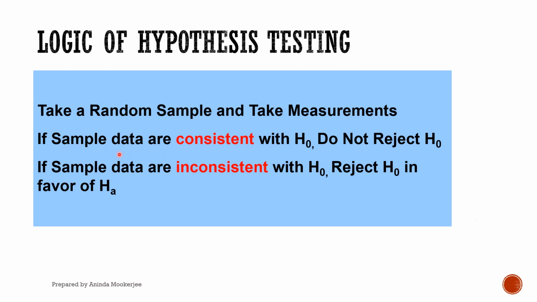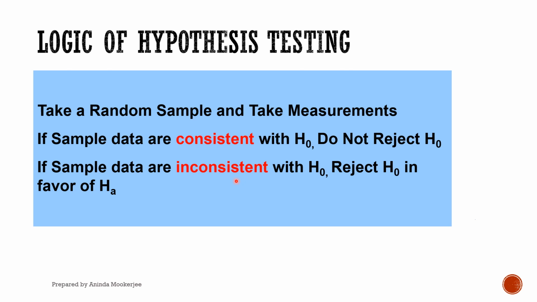And if the sample data or the sample measurements are consistent with the null hypothesis, that means if the sample data is similar or close to whatever the null hypothesis states, then we do not reject the null hypothesis. All right, in that case, we say that the null hypothesis is pretty similar to what the alternate hypothesis is stating.